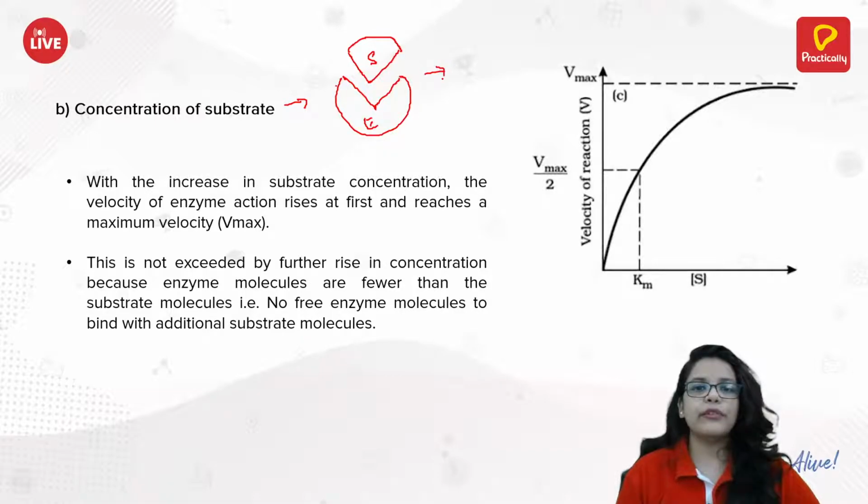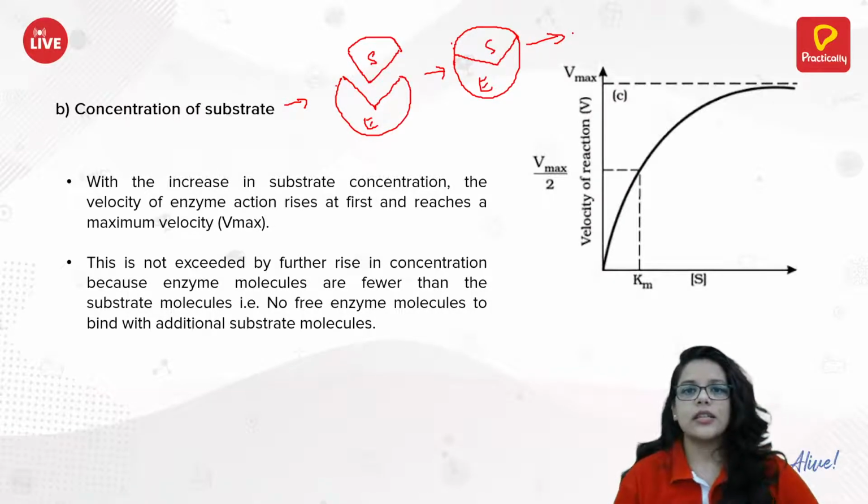This is perfect. I have the perfect amount of enzyme and the perfect amount of substrate and it gets attached. Done. And my enzyme is working at the highest rate, that is the highest velocity, Vmax.